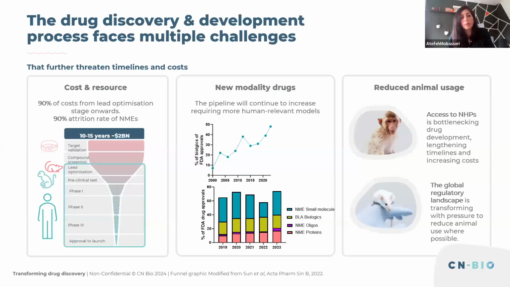So one of the main reasons that the drug discovery and development process is adopting these new technologies is that developing a drug is hugely costly, and also it is lengthy. And on top of that, the success rate is very low.